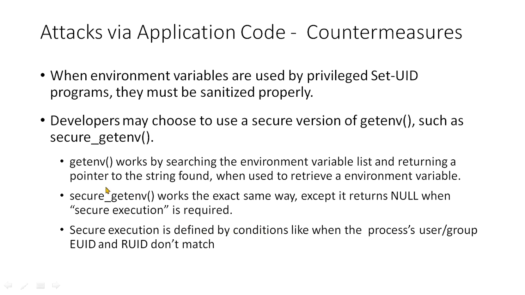So if we don't have the return value, then we cannot get infected by the attack. So instead of using getenv, use secure_getenv. If the variable is considered dangerous, then the return value we have is only NULL. Okay, so NULL is safe. But getenv returns any environment variable. It doesn't differentiate whether we run a setuid program or not.